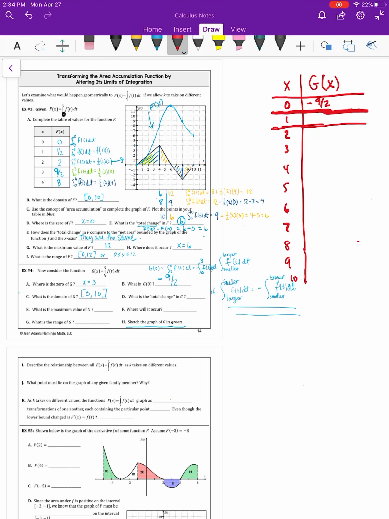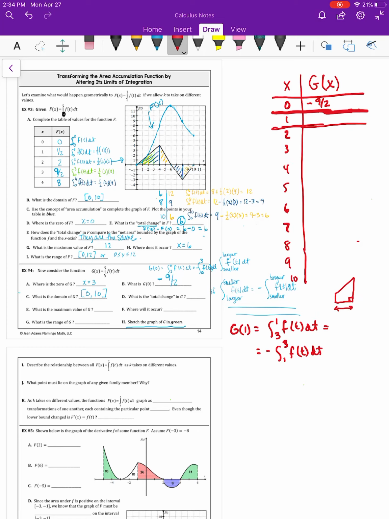Okay, so now our g of 1 is going to be the integral from 3 to 1, f of t dt. Notice that that's going to be the negative of the integral from 1 to 3, f of t dt. If I look from 1 to 3, it's actually a trapezoid. I'm just going to redraw it right here so I don't get everything mixed up.